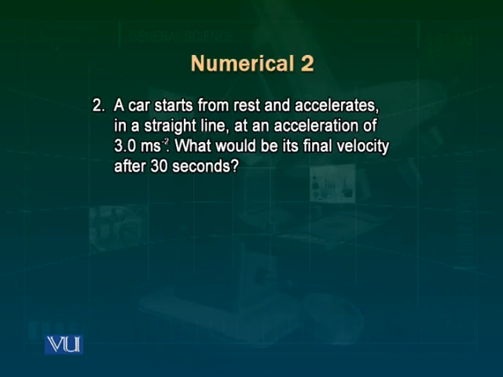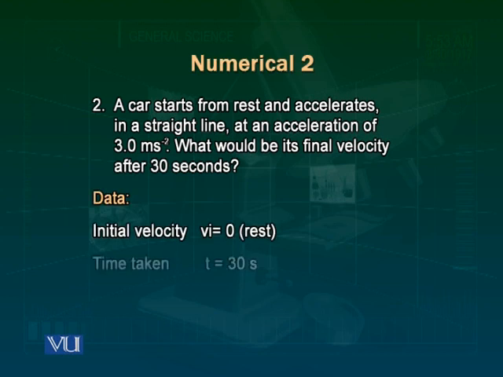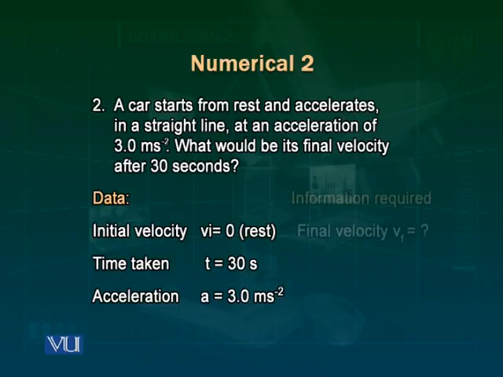To start this problem, we first list down the information we already have. The initial velocity is 0, that is, the object was at rest. The time is available, so t is 30 seconds. The acceleration is 3 meters per second squared. And the final velocity we have to find.